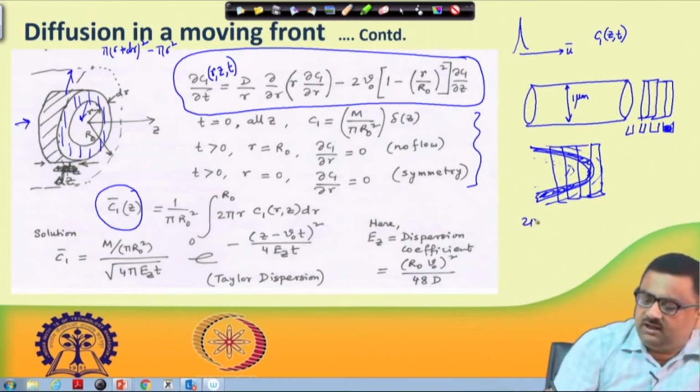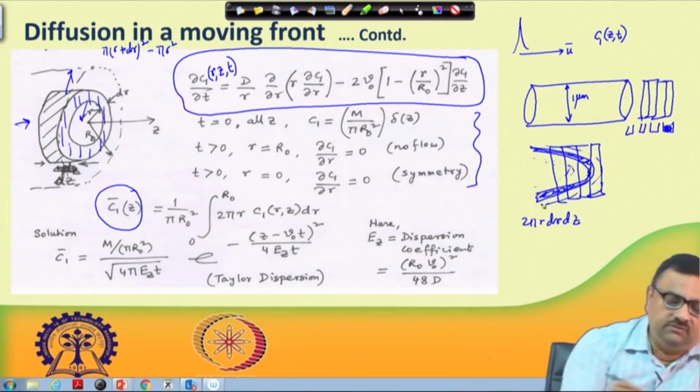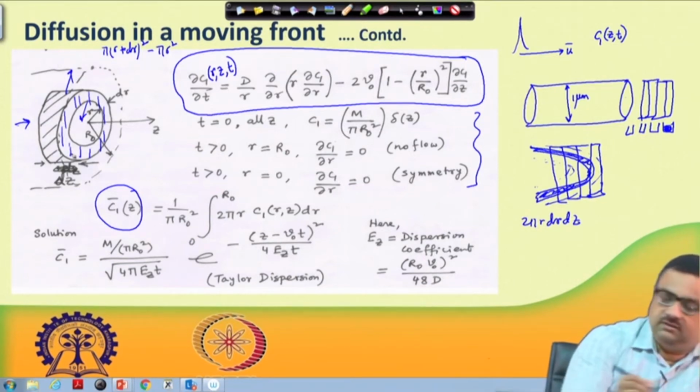So, 2 pi r is in meters, dr in meters, dz in meters, so this gives me meter cubed. This is the volume of this washer shaped element, this entire element.